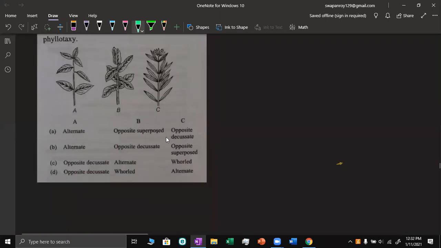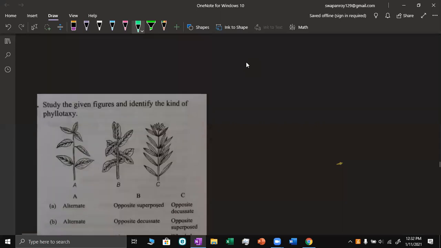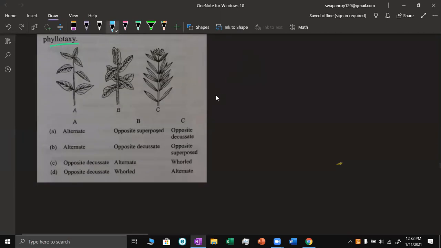Next is a question on the phyllotaxy. Study the given figure and identify the kind of phyllotaxy. Phyllotaxy is, as I told, the arrangement of leaves on the branches or on the main axis.